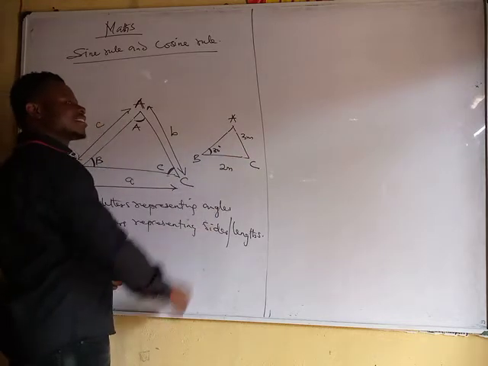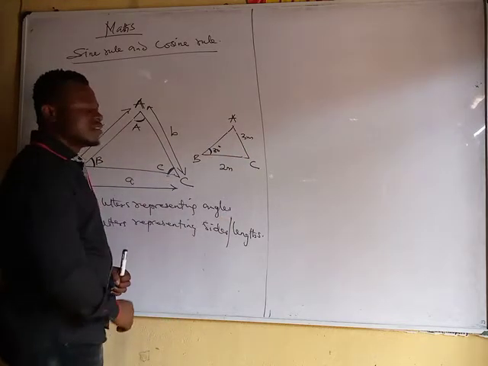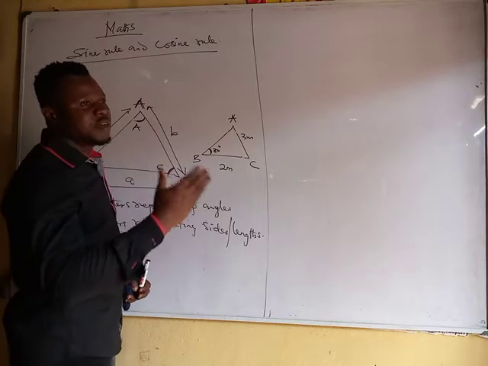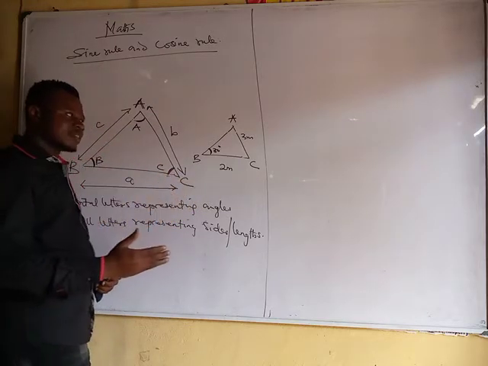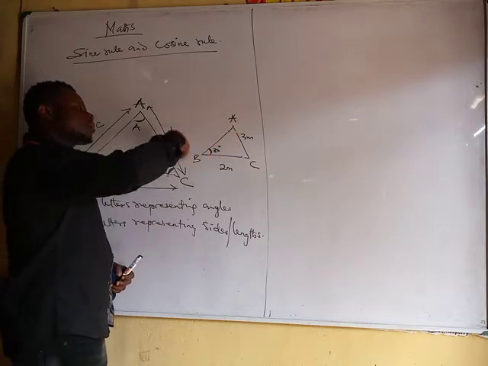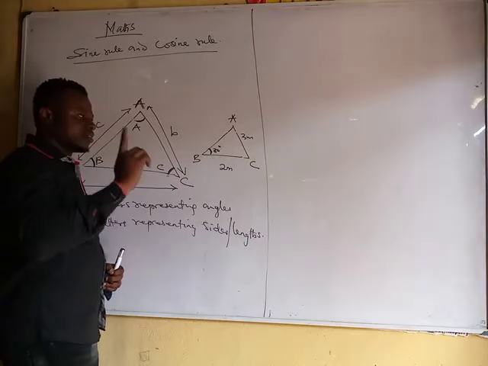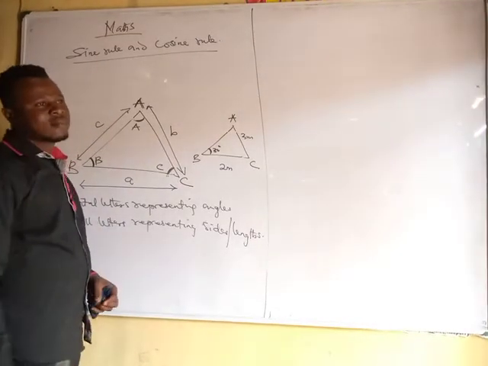The side of C, the angle is not given, and the distance is not given. You can see that the dimension is not complete. In the three dimensions, you can see that it is only B that is complete.